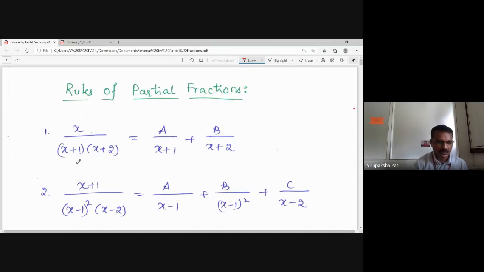If these two are non-repeated linear factors, then to resolve this into partial fractions, we will split this into two parts by taking some constants, a divided by x plus 1 plus b divided by x plus 2, or if you want, you can take this factor first, no issues. Then after taking the LCM and solving, you will get the values of a and b. Then accordingly you can split this complete fraction into two fractions. Two factors are there, so two fractions.